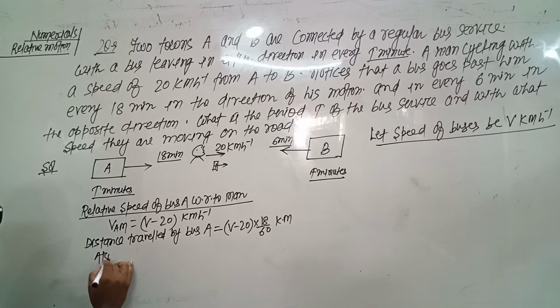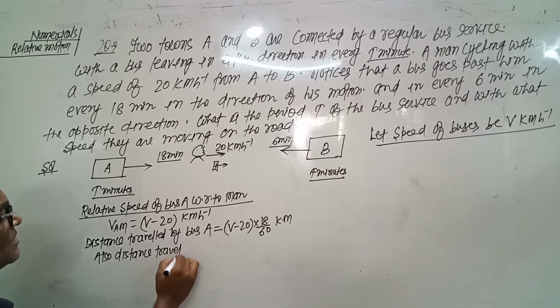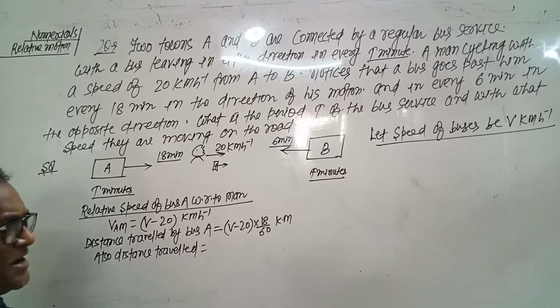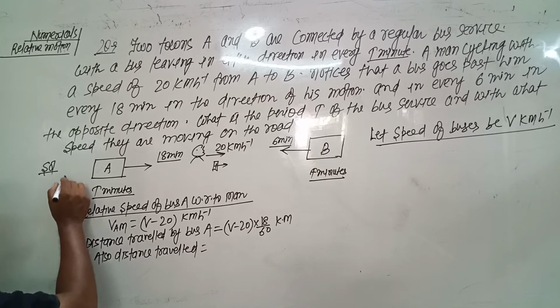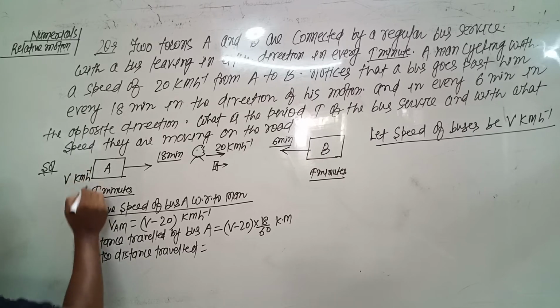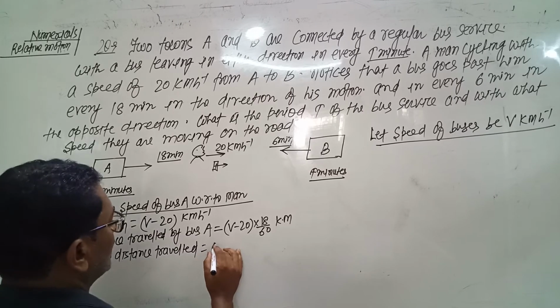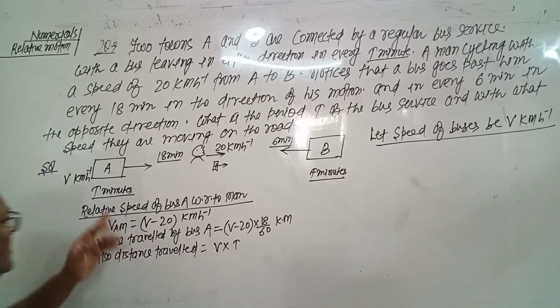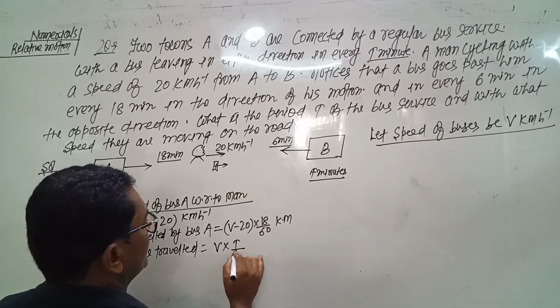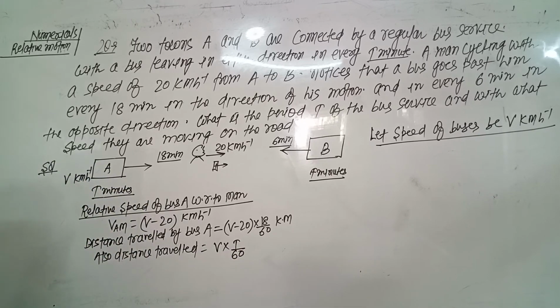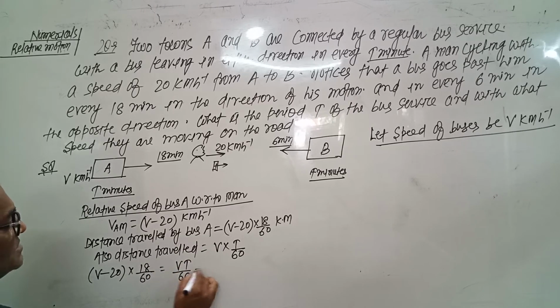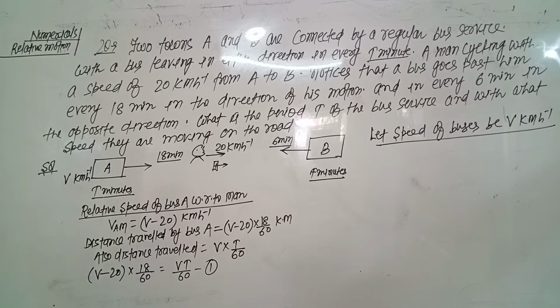Also, distance traveled equals speed into time. Speed of bus is v km per hour and time is capital T, so v into T. But this time is given in minutes, so we convert it into hours. Both are the distance covered, so we equate them: (v minus 20) into 18 by 60 equals v into T by 60. Name it first equation.